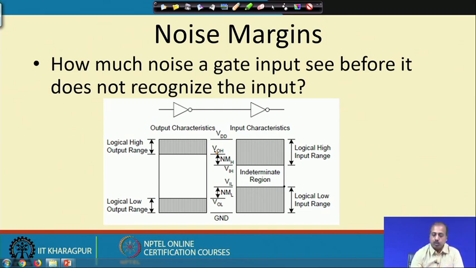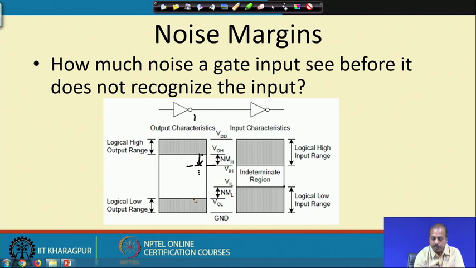If there is noise, suppose the first gate has outputted a 1 and the voltage value is equal to VOH. Now, if there is noise and that noise takes this value lower than this, in this region, the second gate will not be able to understand it as a logic high.